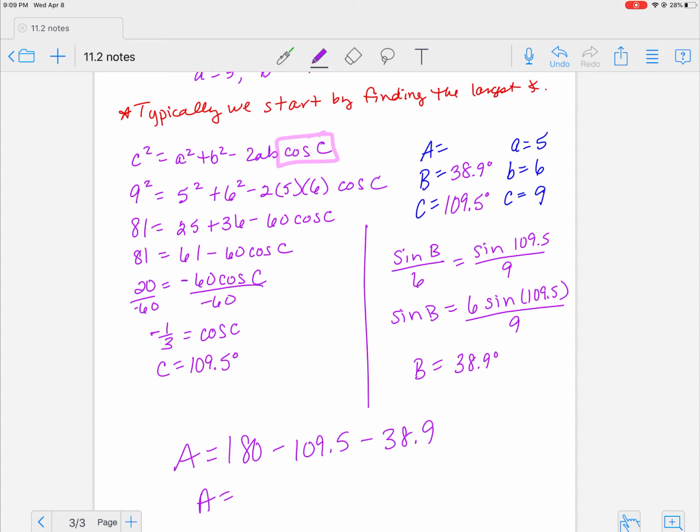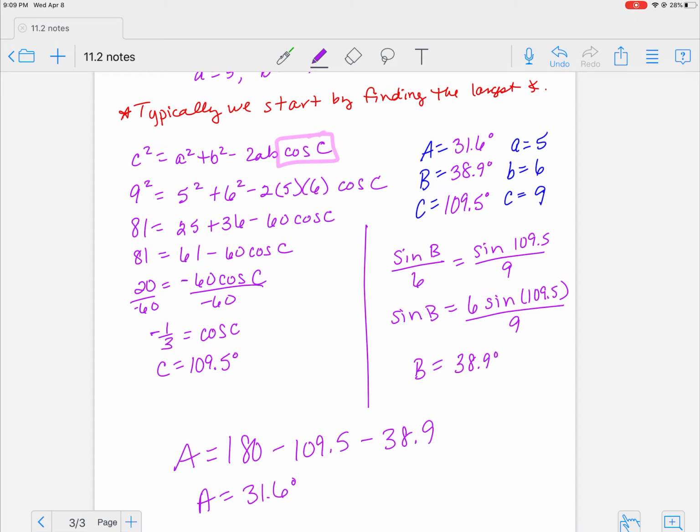If I wanted to figure out A, I now have 2 of my other angle measurements. So I'm going to take 180 minus 109.5 minus 38.9, and that's going to give me A. So A is going to end up being 31.6 degrees.